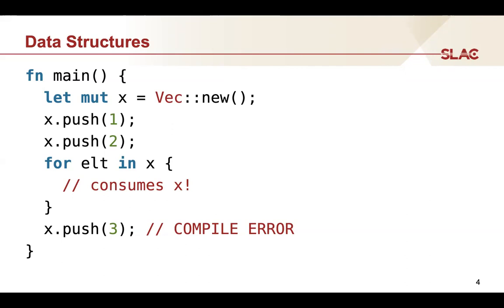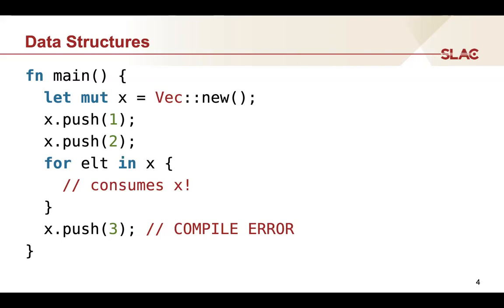One thing to watch out for, this gets very quickly into what is different about Rust. This is a loop that consumes the vector. That means at the end of the loop, this vector is no longer valid. If you try to push again after this, that's going to give you a compile error. One of the nice things about Rust is that it tracks this at compile time.